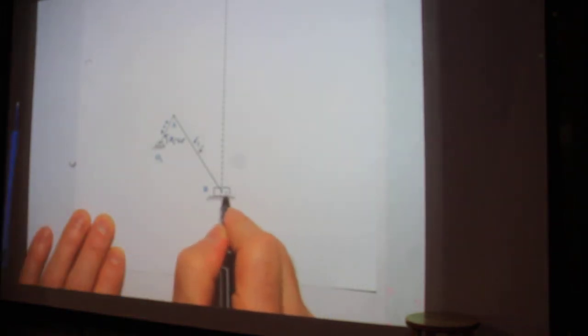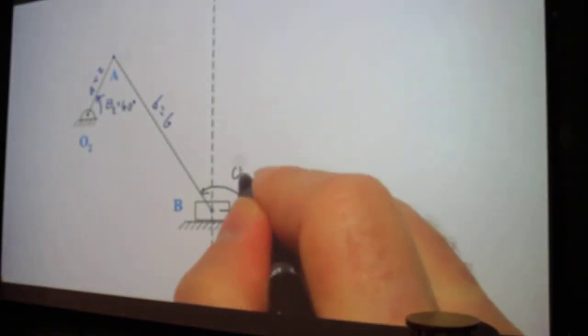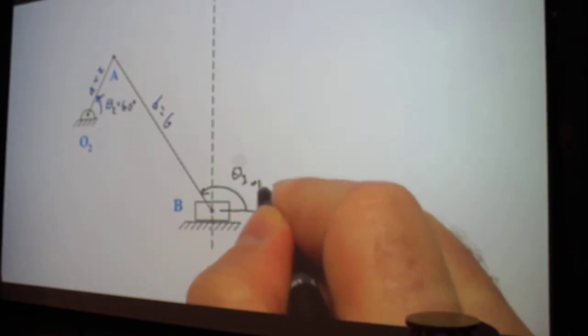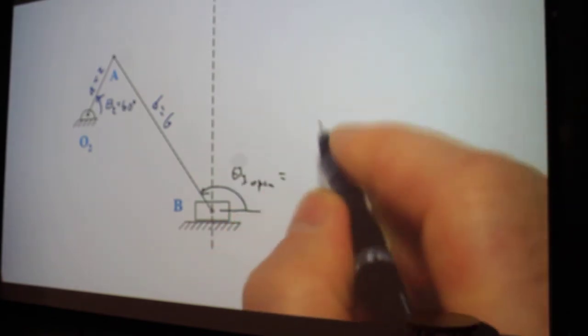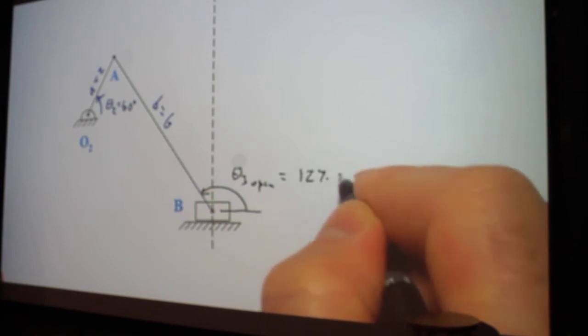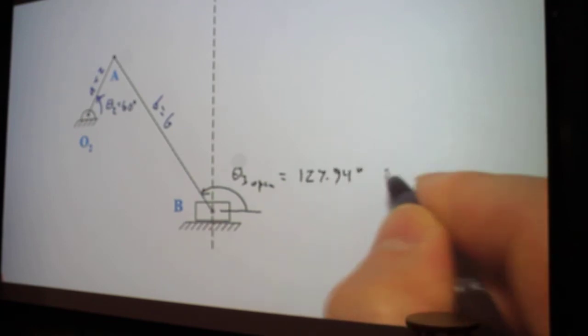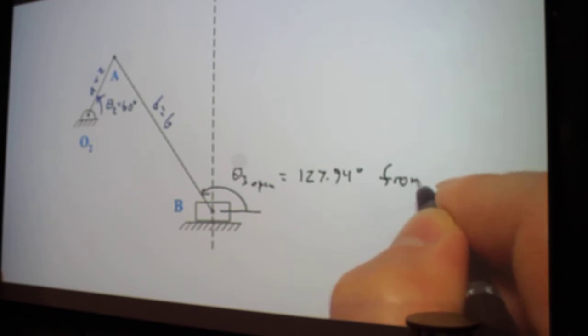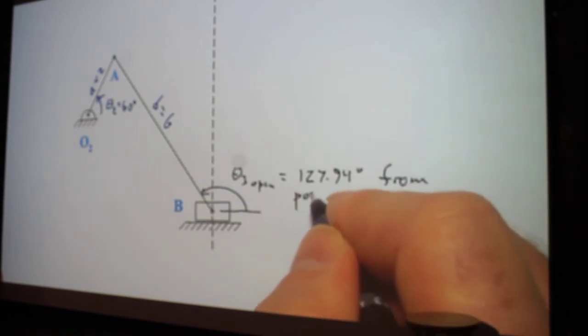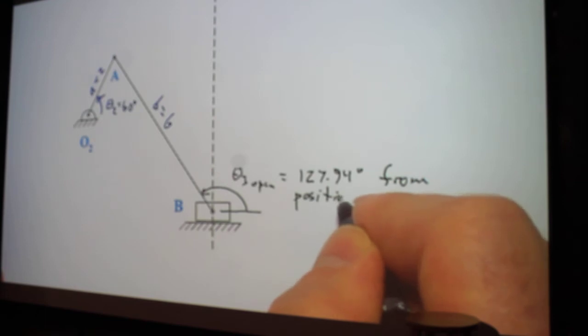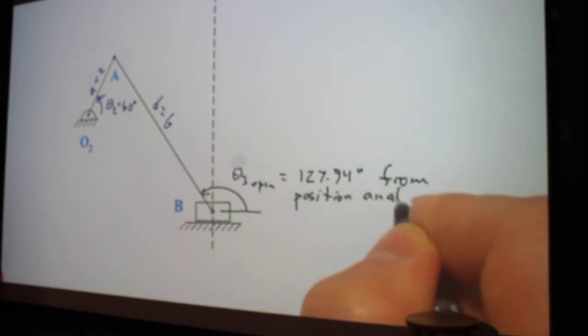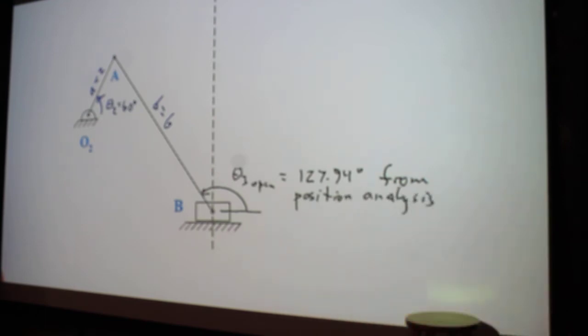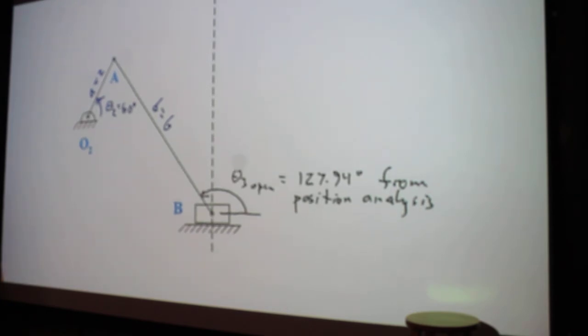From your position analysis, theta 3 open equals 127.94 degrees. Okay.